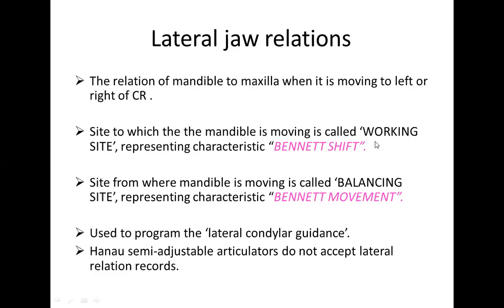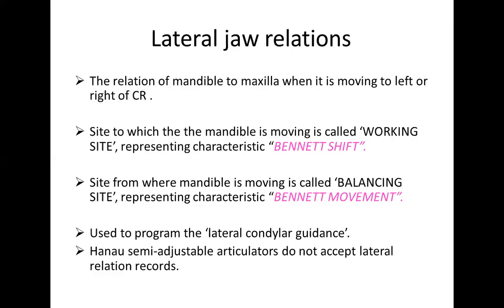Means on the working side you only have the Bennett shift, while on the balancing side, from where your jaw is moving, there are three movements happening: forward, downward and medial.